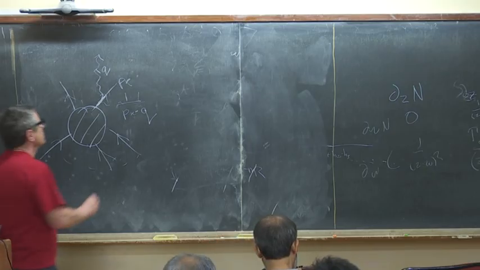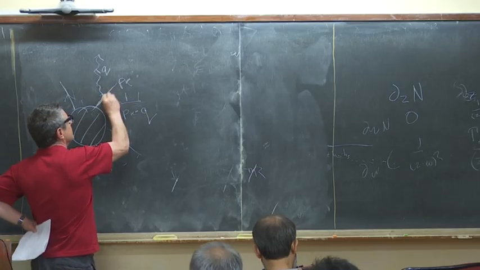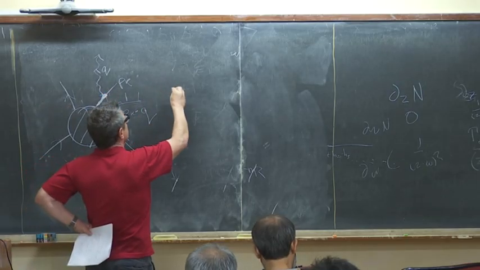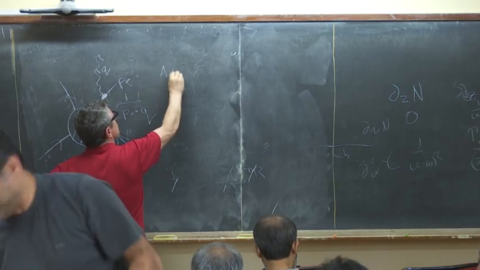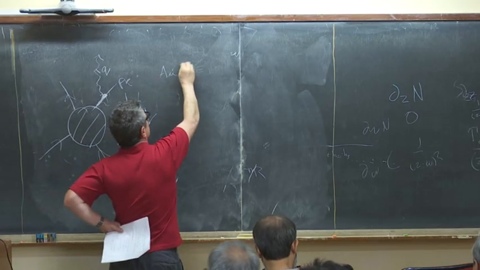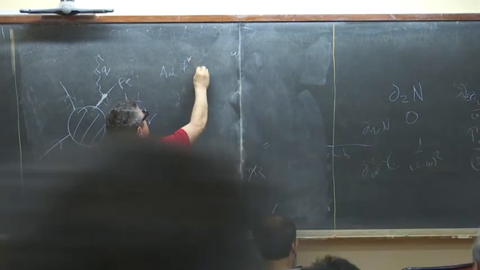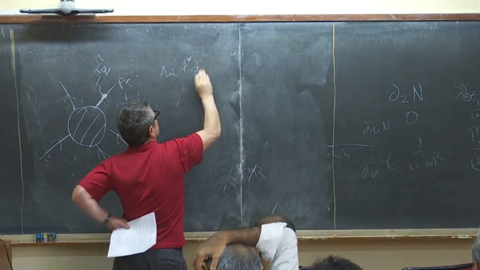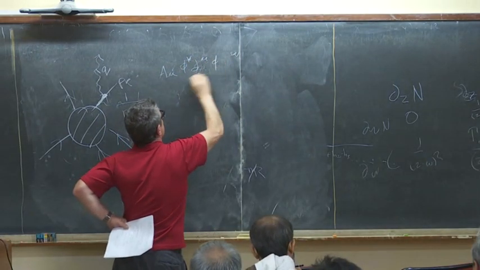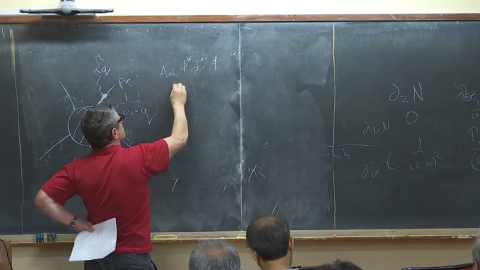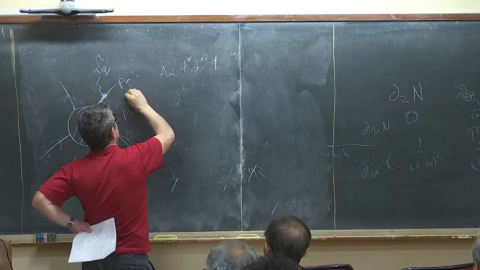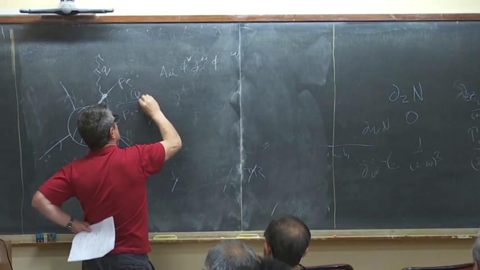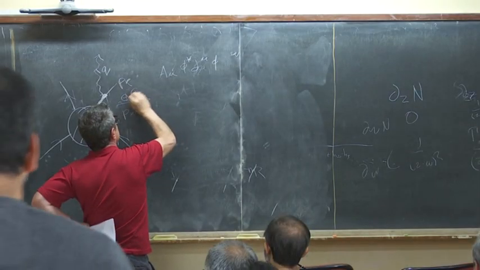Okay. Now, there's also a vertex factor here, and the vertex factor, of course, is A mu. If we were doing a scalar field, it would be something like A mu phi star d mu phi. And then there's a factor of the charge, which I'm calling qk times e.